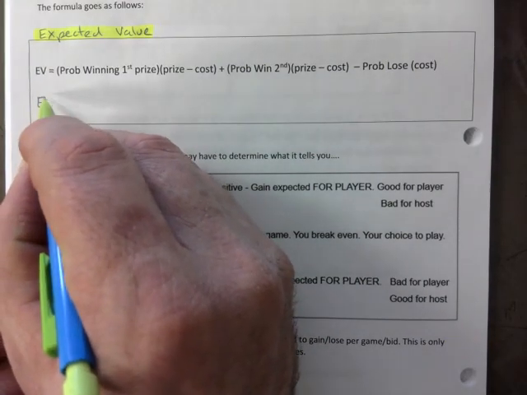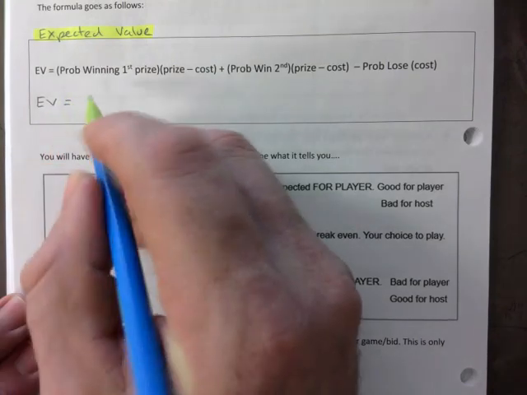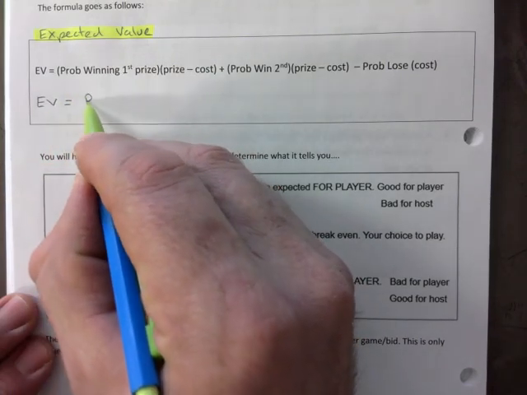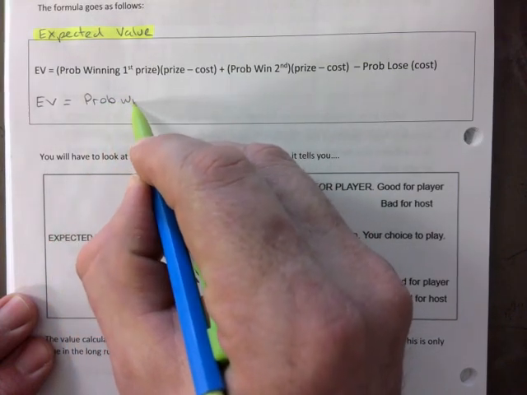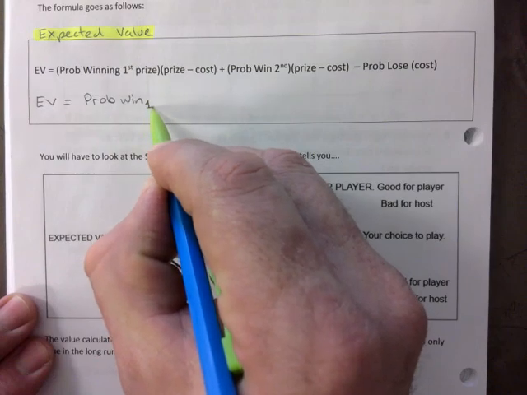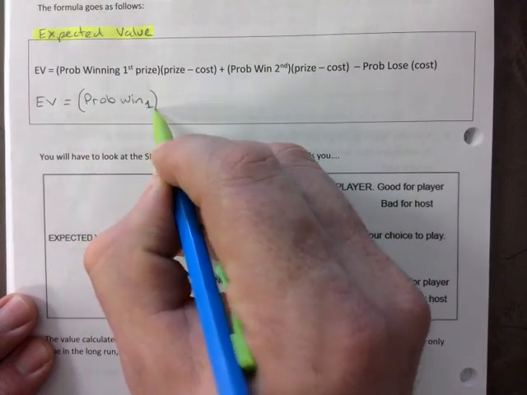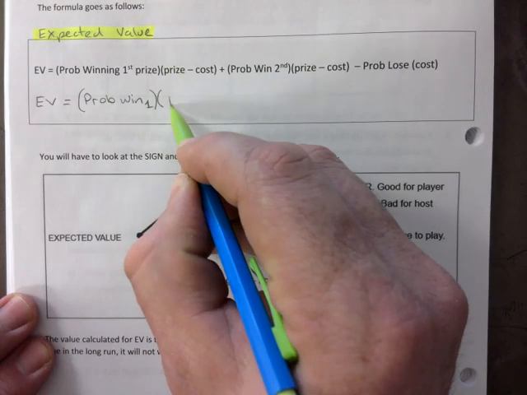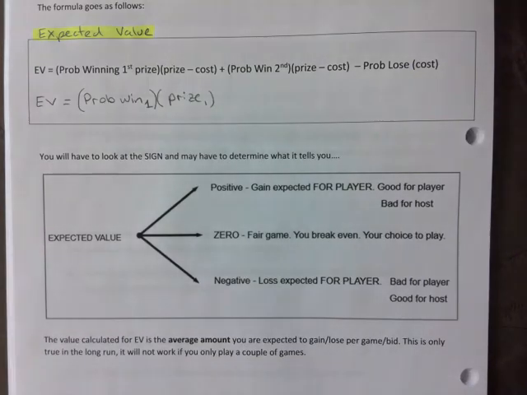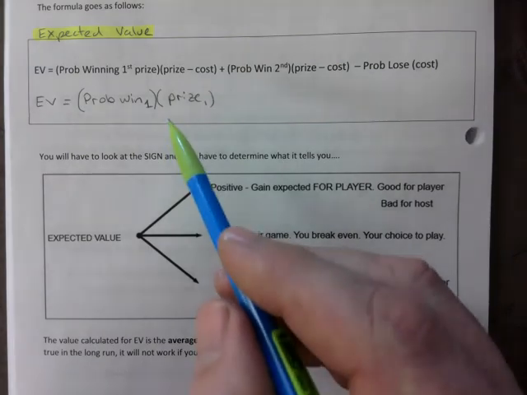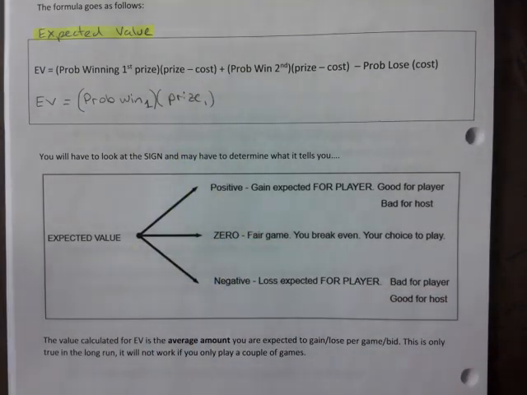So how do you calculate expected value? You take the probability of winning the first prize, which will be a number, and multiply it by whatever the first prize is. We could have multiple ways of winning. Let's say there are 3 prizes to be had, and you want to participate.